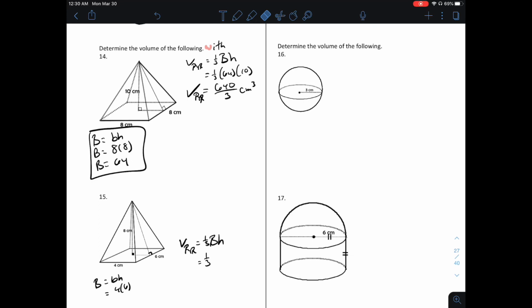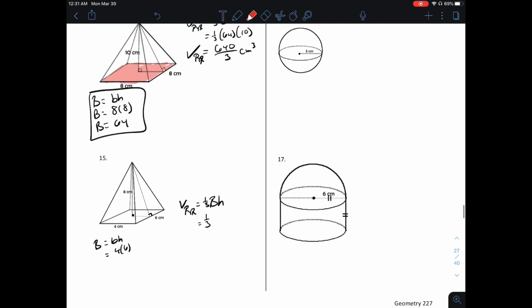Because if we don't know the bases are rectangular, then we really can't find the volume or the area of this base. So I'm assuming that right now, just because I'm the one that made up these problems. And that should be in the directions.